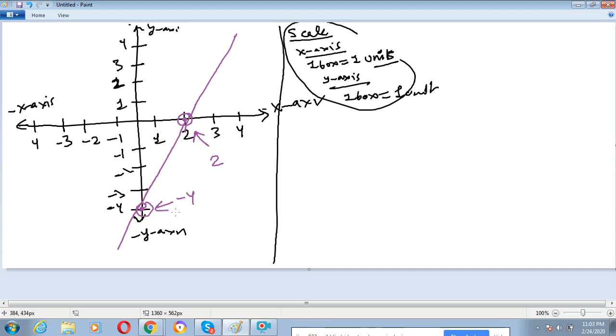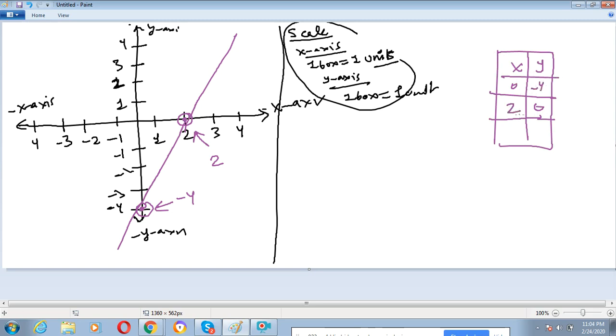In the table, you already have 2 points. You only have to write one more point. Once you put x as 0, once you put y as 0. And this is always the intelligence, to put x as 0 and y as 0. So x is 0, y is 0. You can take one more point, you can put x as 1 or something like that.